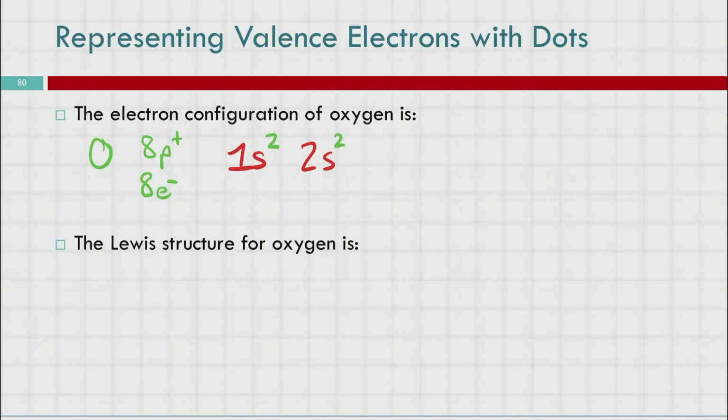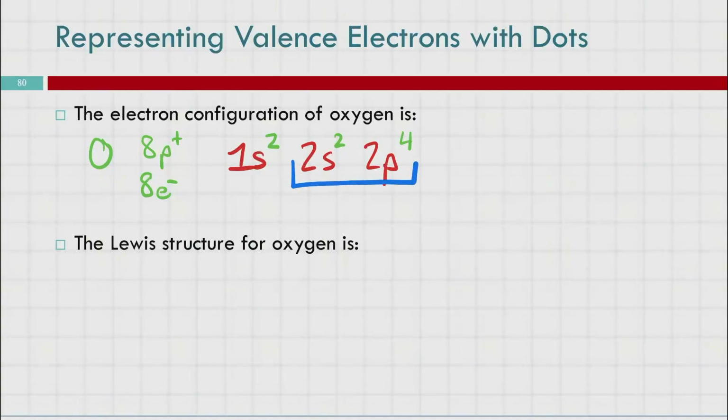And then after 2s, if we're reading off our periodic table especially, from 2s we move across to the p block, still in row 2, so we're in 2p, and we can place our last 4 electrons there. So that would be our electron configuration for oxygen.